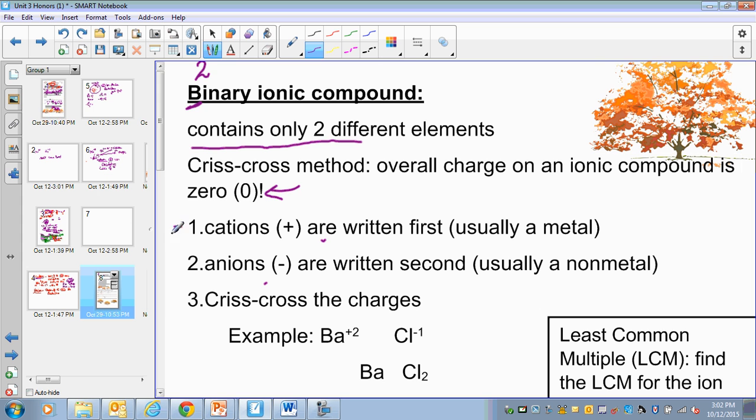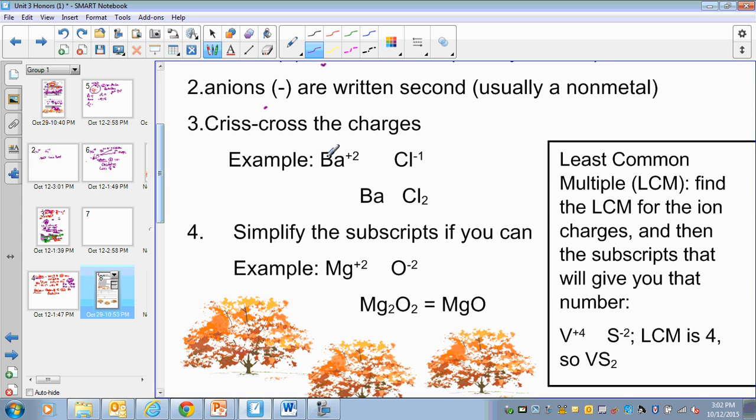Let's say I want to make a bond between barium and chlorine. Barium has a positive 2 charge, so I write the metals, or the positive ions, first and the non-metals, or the negative ions, afterwards. So I have positive 2 for barium and Cl is negative 1. Since they're opposite charges, I'm going to crisscross. The 2 goes to chlorine and 1 goes to barium, so it is BaCl2.